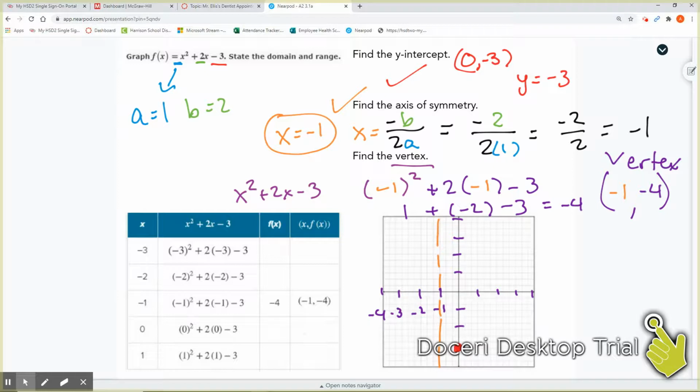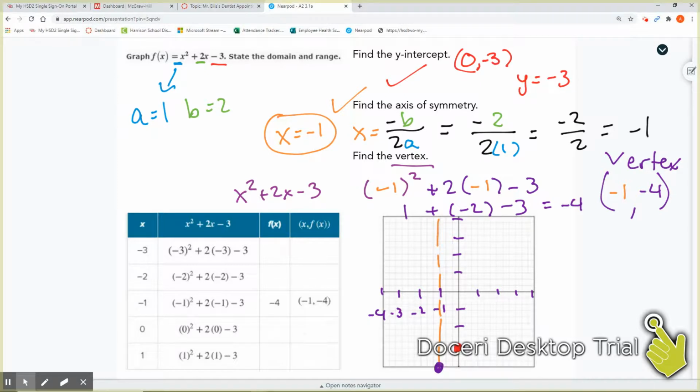So I know that my graph is going to be symmetric with this orange line. Since I see that this point is 1 away, I can also go 1 away on the other side and figure out what another point is, but we'll get to that whenever I actually plug it in. And I also know that my vertex is (-1, -4). So I go left 1 and down 4, and that is where my vertex is.